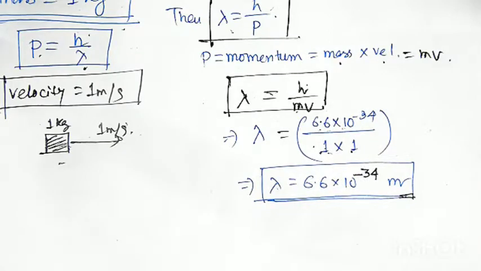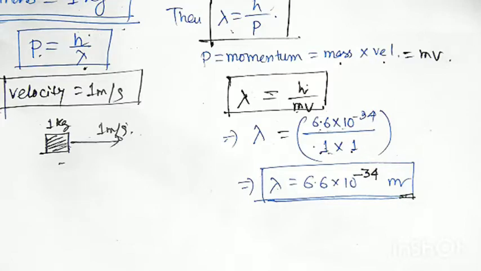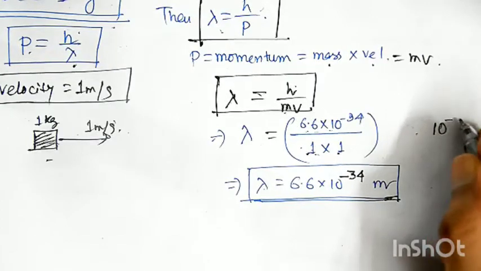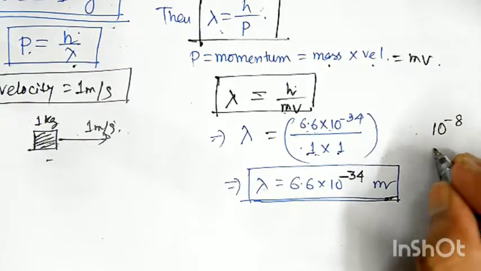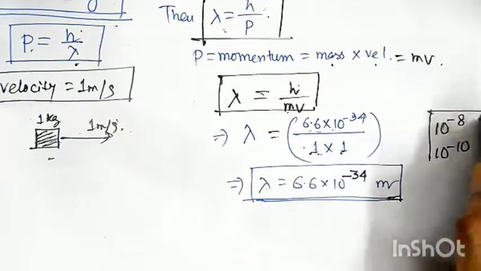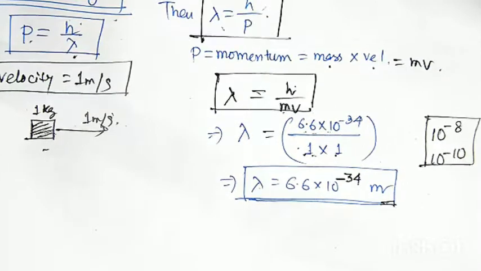Now can we see the problem with this wavelength? Yes, the order. The order is 10 to the power minus 34. Usually the visible light we observe is in the order of wavelength 10 to the power minus 8, 10 to the power minus 10. This is the order of wavelengths of different kinds of waves you observe, and also larger than this.